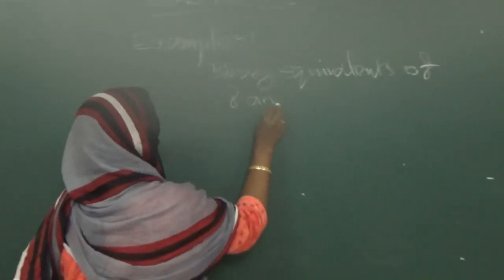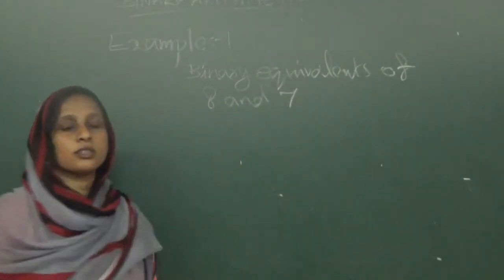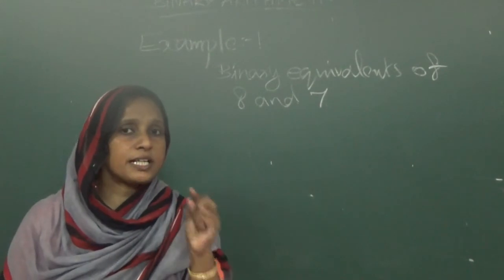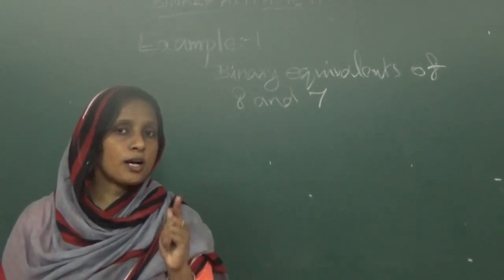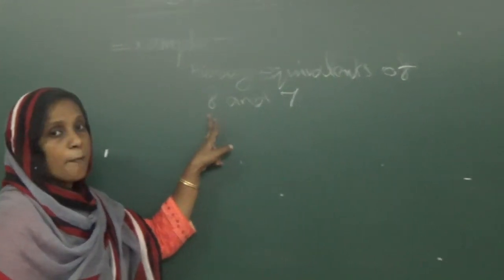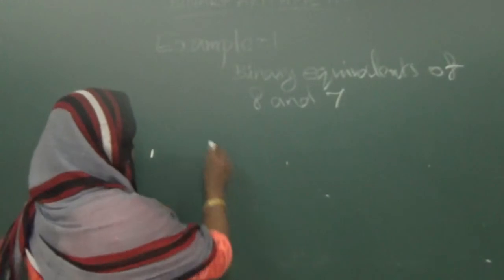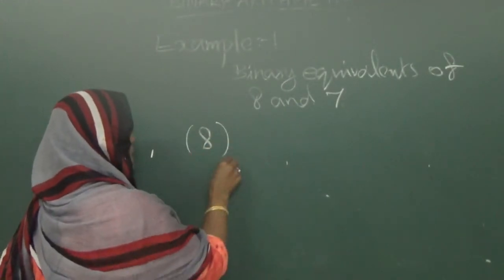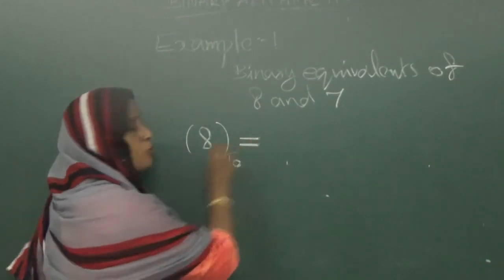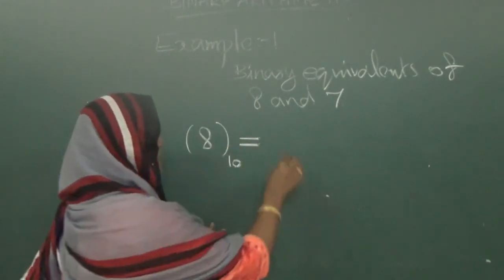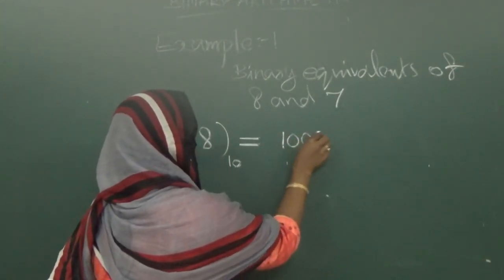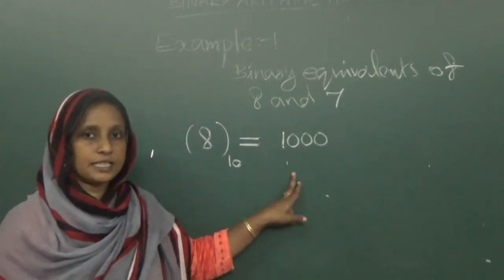We already learned how to convert a decimal number to its equivalent binary number. So now we want to write the binary of 8. This is the decimal system, 8 base 10. How to write 8? 8 means 2 cube. So 1, 0, 0, 0.